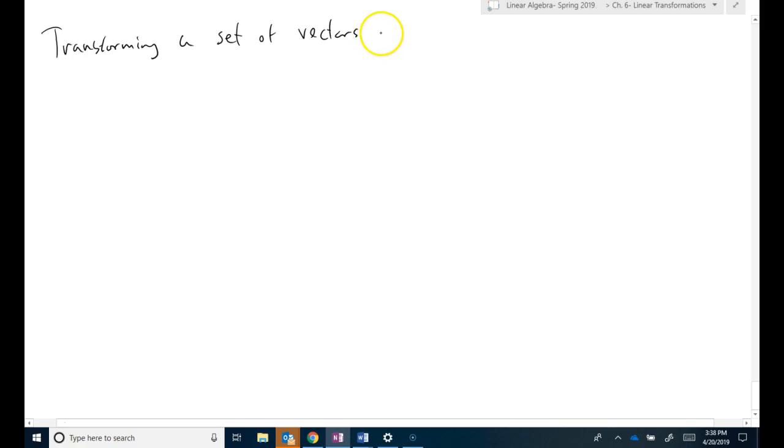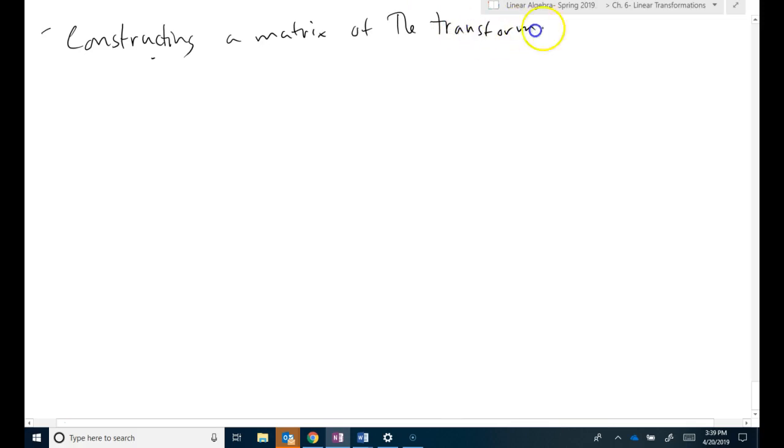We will actually be constructing a matrix of the transformation using a transformation, but this is when we have missing standard basis vectors. Standard basis vector transformations.